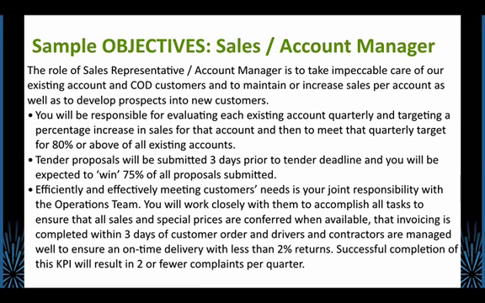You'll work closely with this team to accomplish all tasks to ensure that all sales and special prices are conferred when available, that invoicing is completed within 3 days of customer orders, and drivers and contractors are managed well to ensure that an on-time delivery with less than 2% of returns is achieved. Successful completion of this KPI will result in 2 or fewer complaints per quarter.